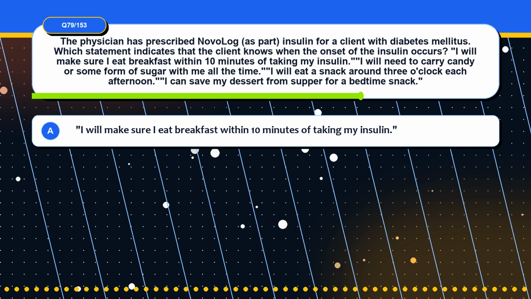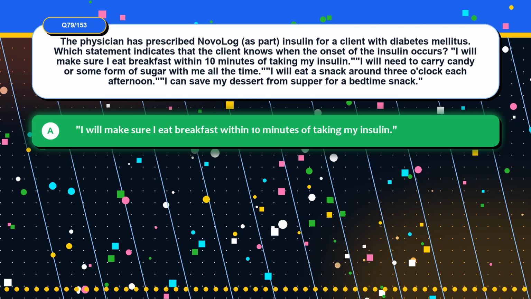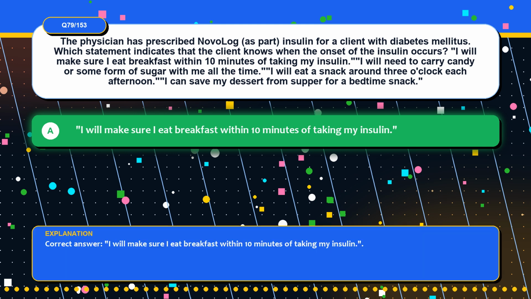I can save my dessert from supper for a bedtime snack. The correct answer is option A, I will make sure I eat breakfast within 10 minutes of taking my insulin.